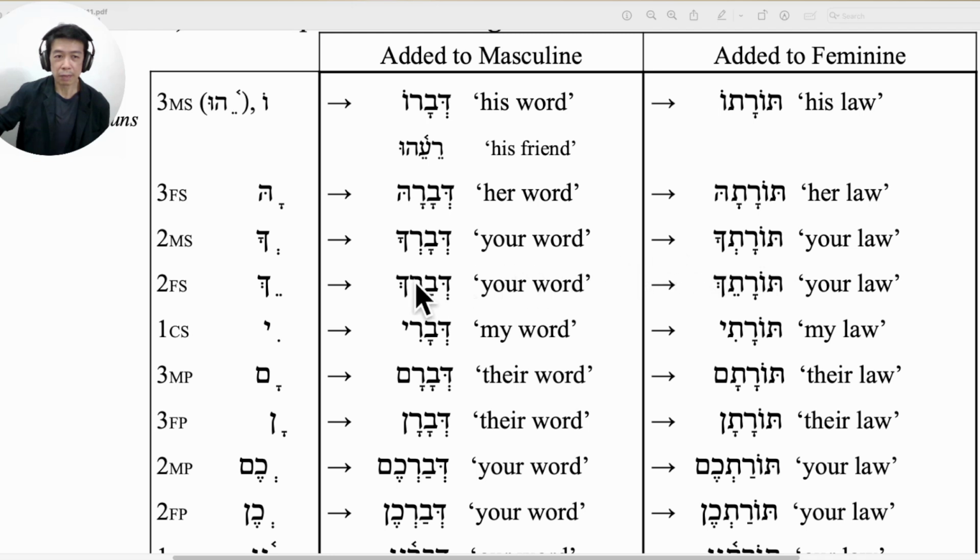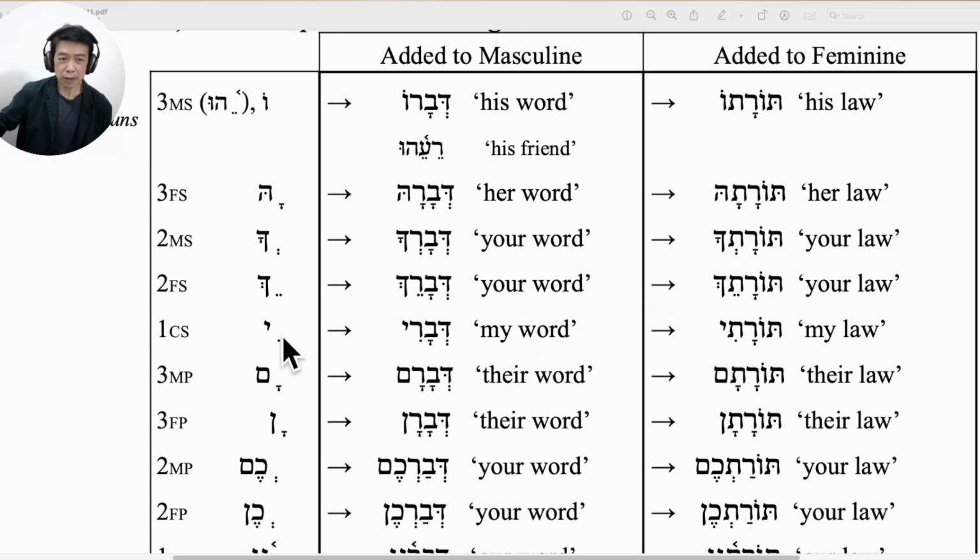For the second person feminine singular, a kaf is added. So your word becomes Devarech, and your law becomes Toratech.